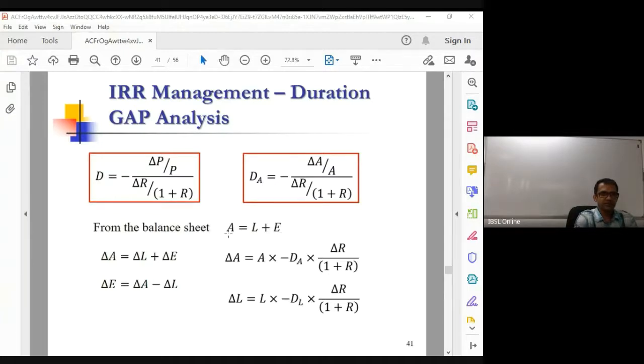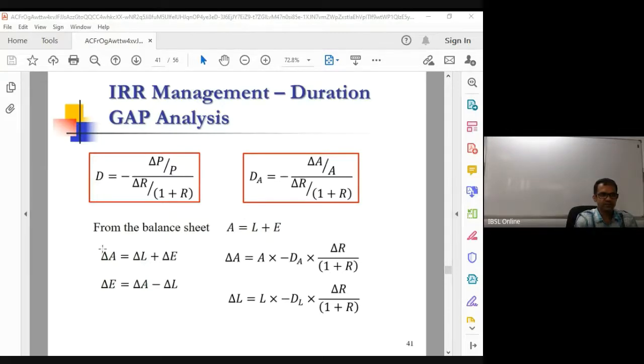So if assets equal liabilities and equity, whatever the change in asset value should be equal to whatever the change in value of liability and whatever the change in equity. Otherwise, this won't hold.